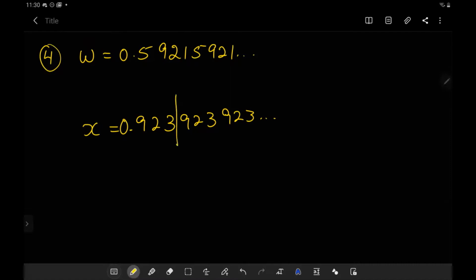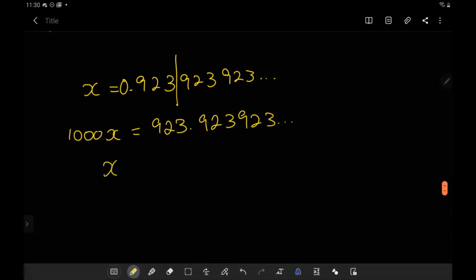Well, it stopped right here. So I should multiply by 1,000. Yes, sir. 1000x is equal to 923.923923 and so on.